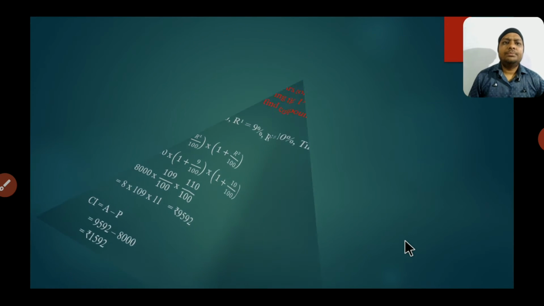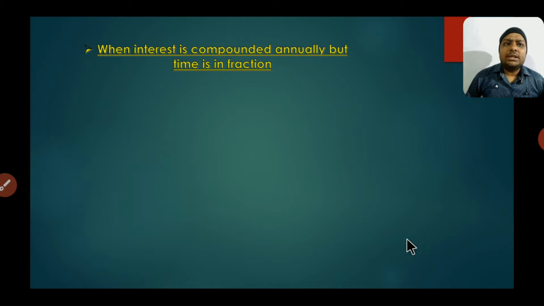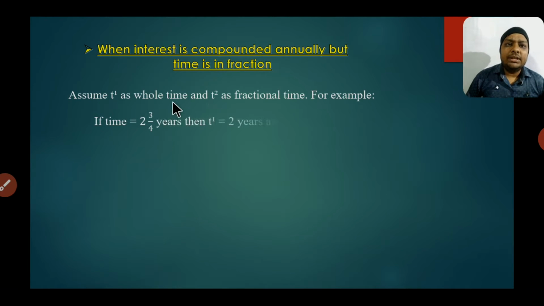Okay. Now let's see another question here. When the interest is compounded annually, but the time is in fraction, then what will we do? Let's see here. In this case, we will take T1 as the whole time and T2 as the fractional time. It means that if the time is written in fraction, we will at first change it into a mixed fraction. Now it is already in mixed fraction, 2 3 by 4.